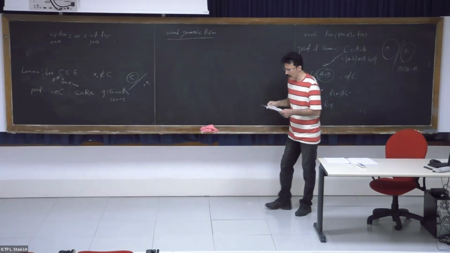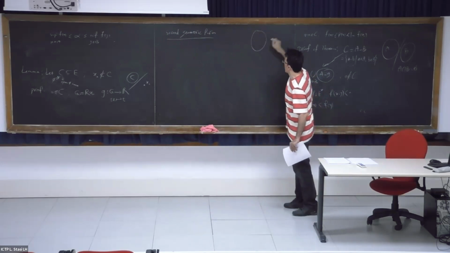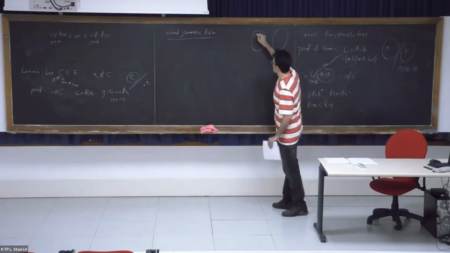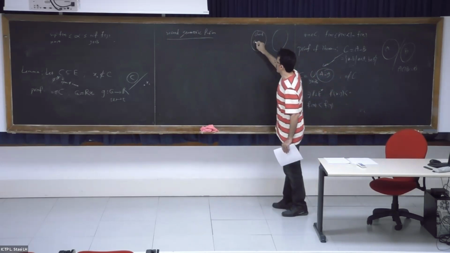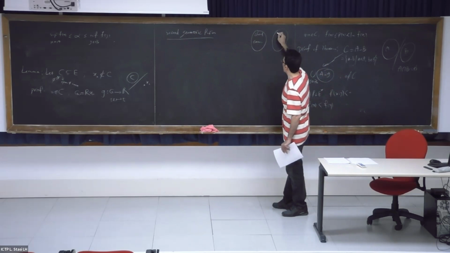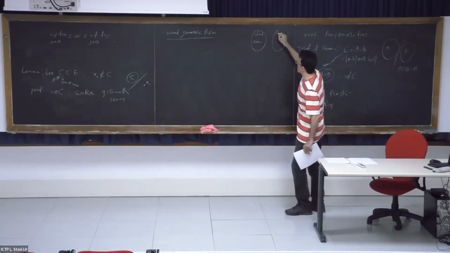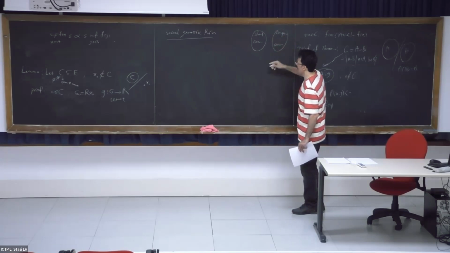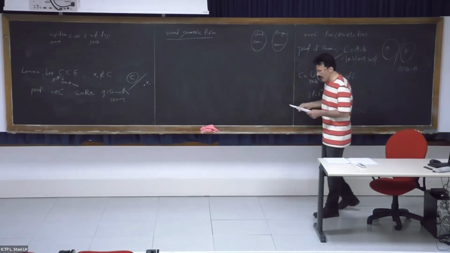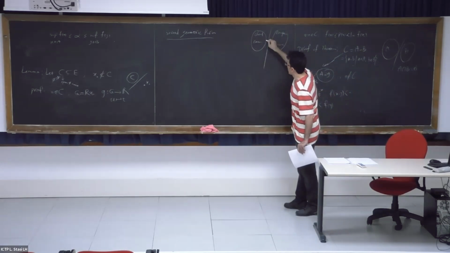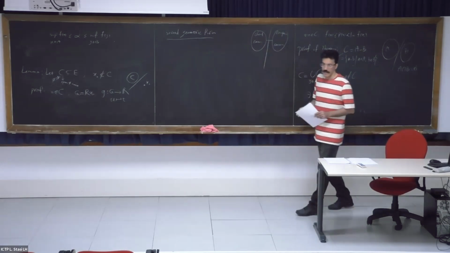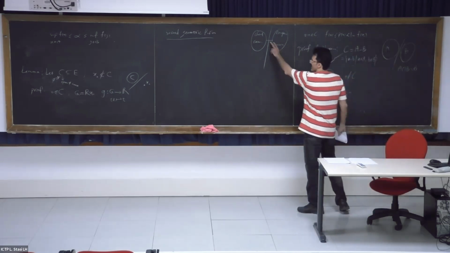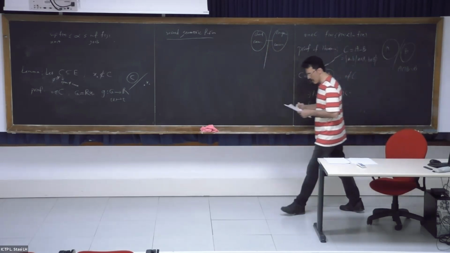It says that if we have A and B, one of them closed and convex, and the other one compact and convex, and both of them non-empty, then we may separate them strictly, in the sense that with a distance they can be separated.